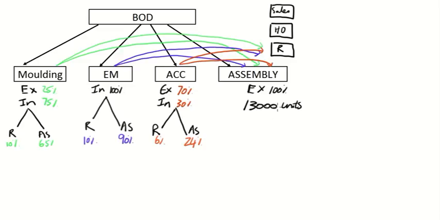So this means if we're selling 13,000 units in assembly, then molding, electromechanical, and accessories need to supply assembly with enough units or components to make 13,000 units. And so we know that this 24% internal transfer will equal 13,000 components. And the same for electromechanical, and the same for molding.